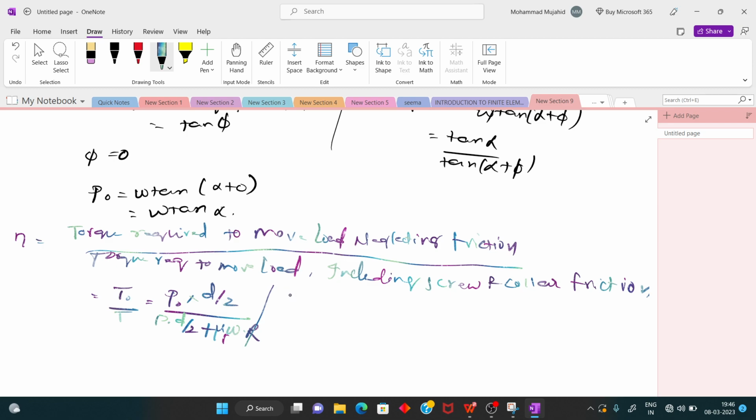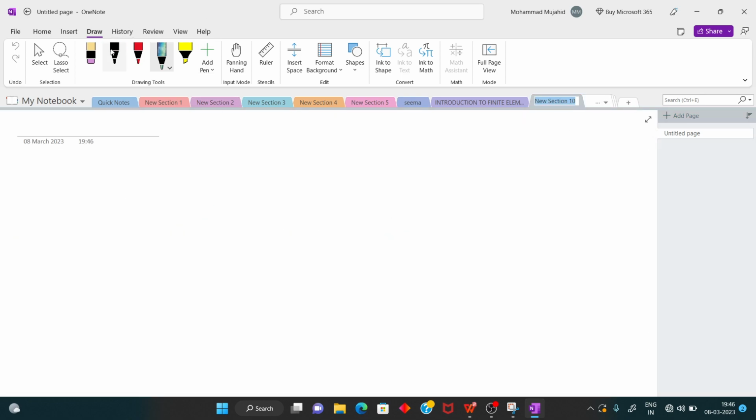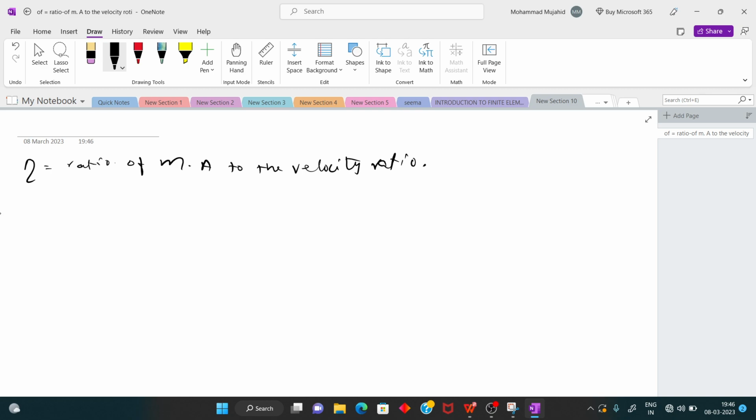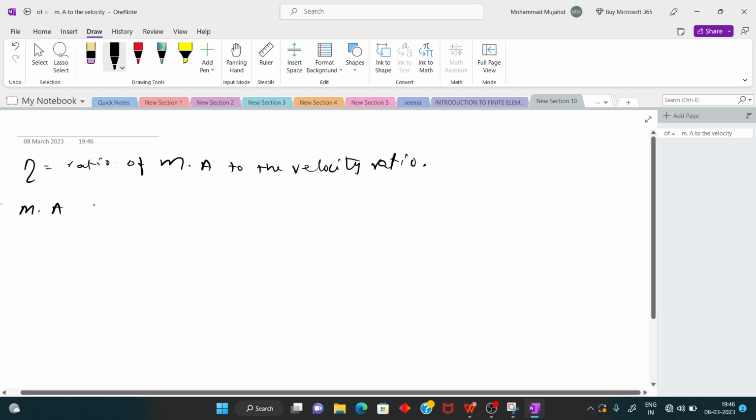So we know that the efficiency of the screw jack is also considered as the ratio of mechanical advantage to the velocity ratio. The mechanical advantage you can write as W by P1.